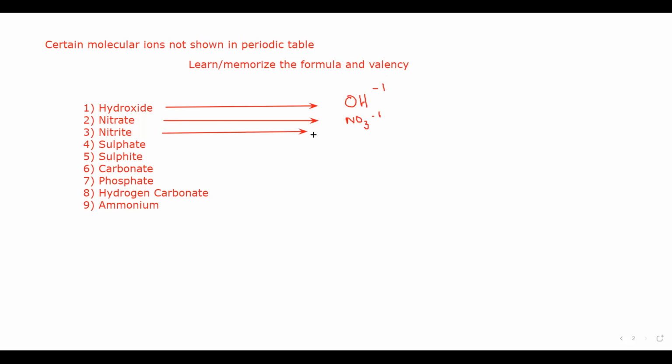For nitrite, it is NO2 with a charge -1. For sulfate, I will use a short space so that I can write each separately.